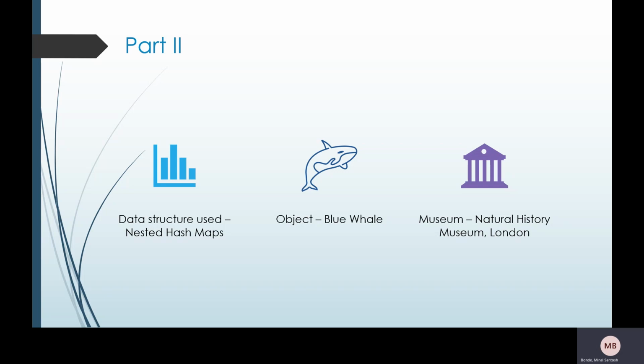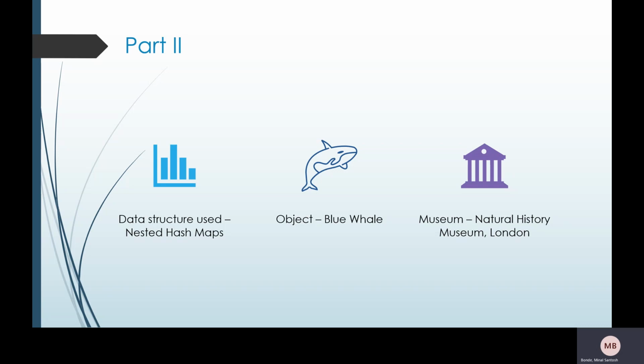And coming to part 2, I have represented a blue whale object of the museum in the form of a nested hash map. This particular blue whale skeleton has been placed in the Natural History Museum, London.